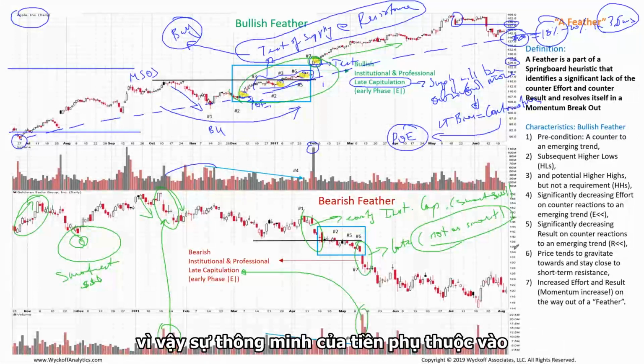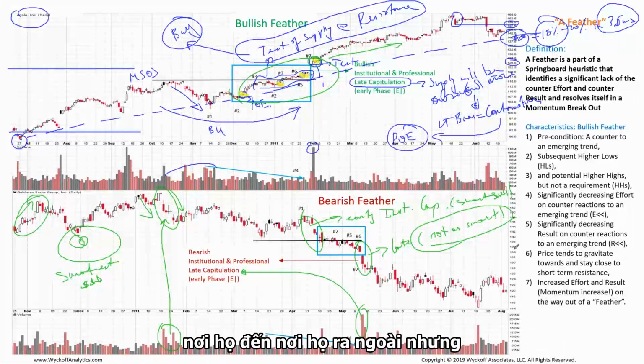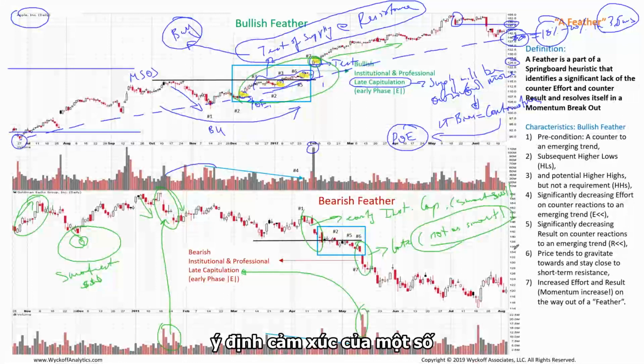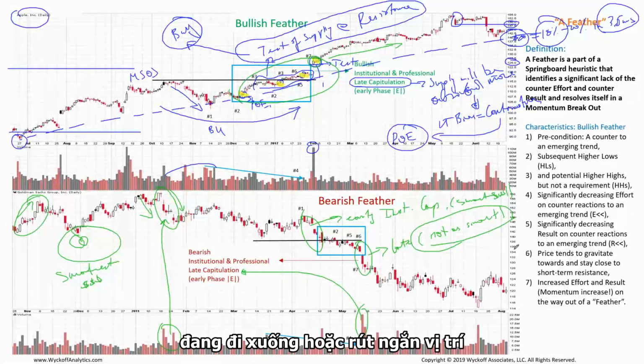So the smartness of the money depends on where they get in, where they get out, but at the same time, there are so many different variations on how institutions behave. We don't even know completely what the motives, intentions of some of the institutions are, being in a position that is going down, or shorting a position that is going up.